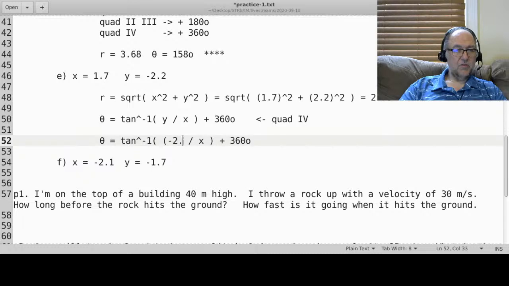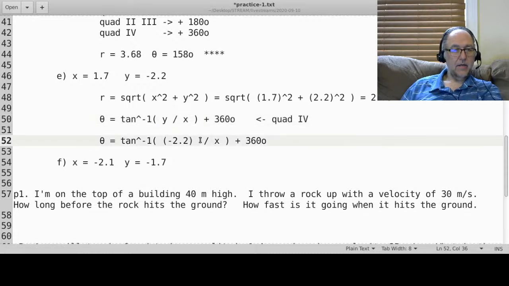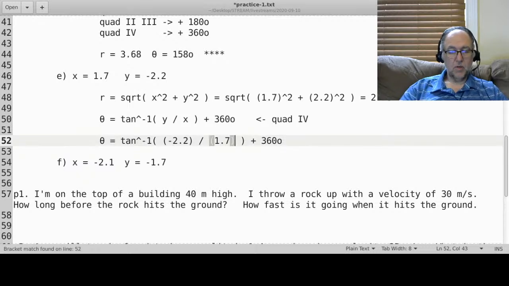Y is negative 2.2. Here you absolutely must put in the negative for y. Okay, so that y over x does include the sign. Otherwise, it doesn't work. Otherwise, the plus 360, everything gets broken that way, okay? And the x value is 1.7, like that. Oops, wrong way. There we go.